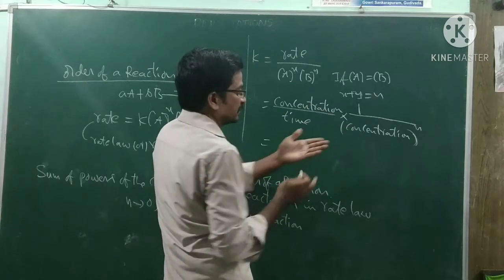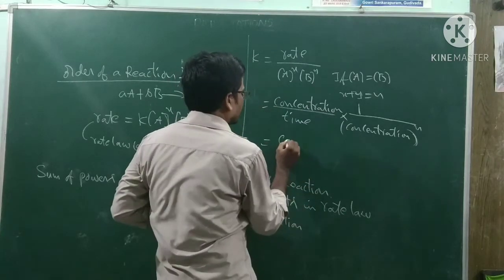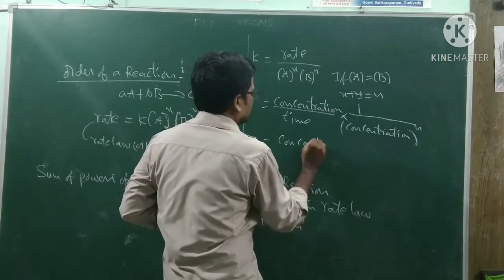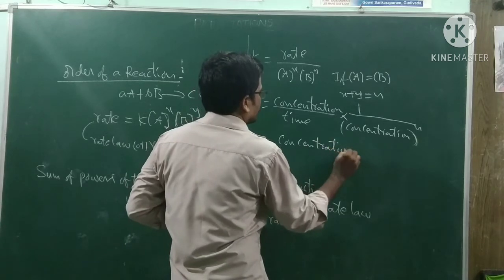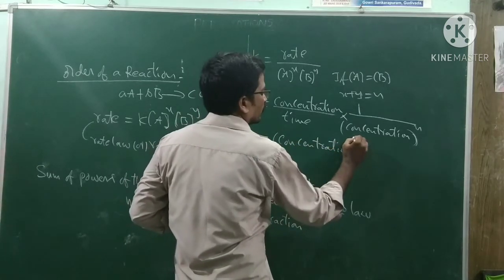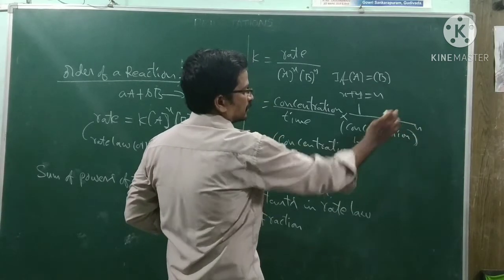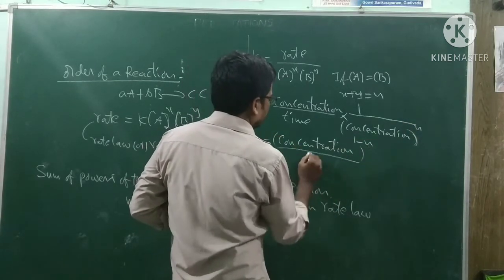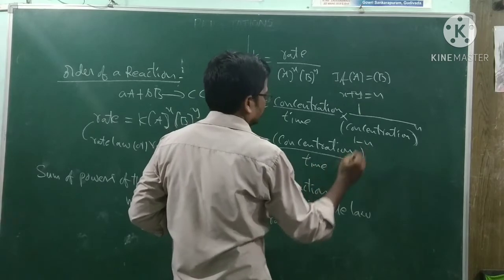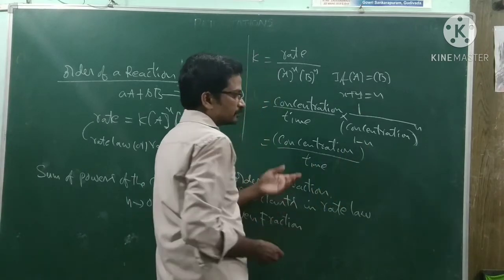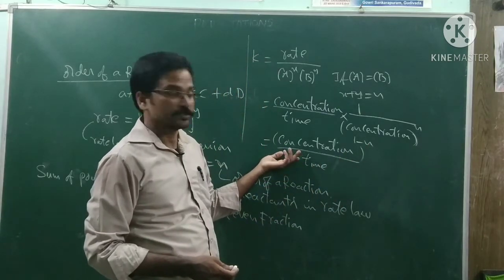You may write this one as concentration all to the power of 1 minus n, by time. You may write this one also.